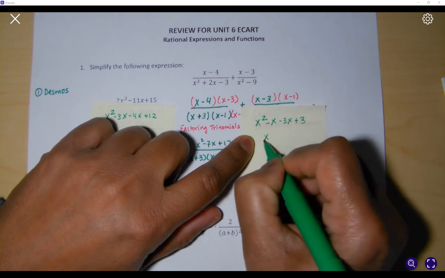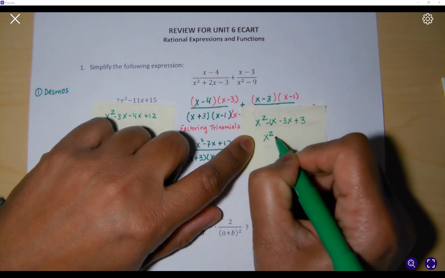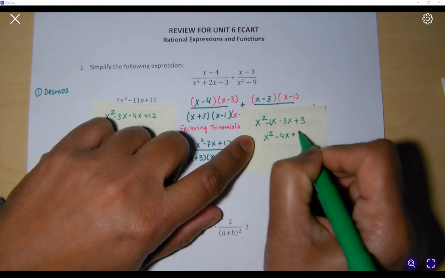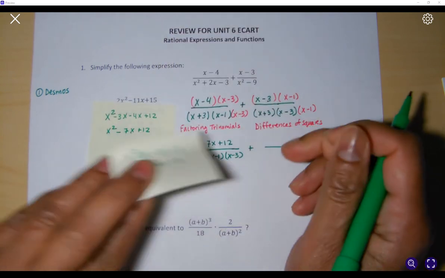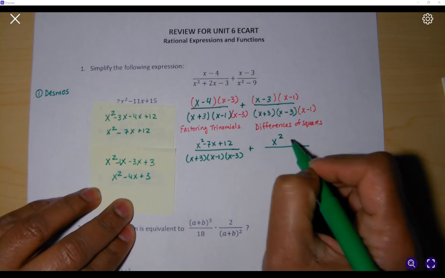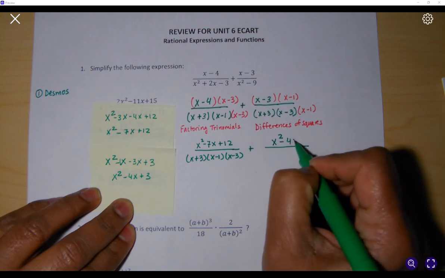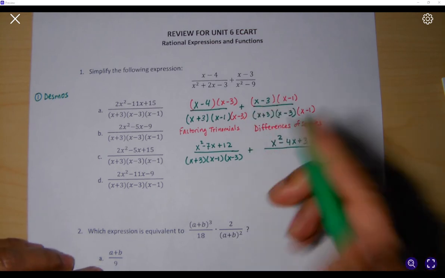Combine your like terms. So negative 1 plus negative 3, that's negative 4x, plus 3. So that's this part over here. I'm going to write that up here: x squared minus 4x plus 3. And then now we're going to bring this whole denominator down.